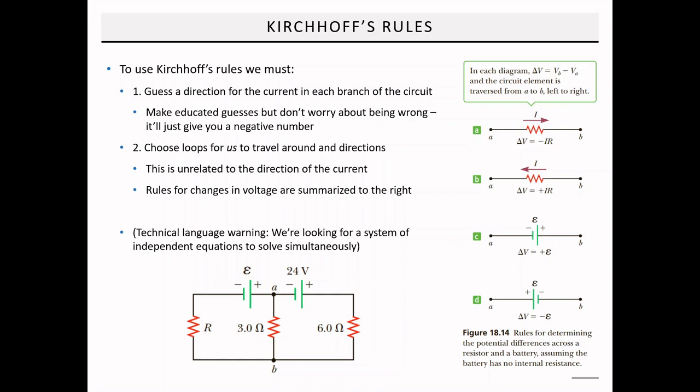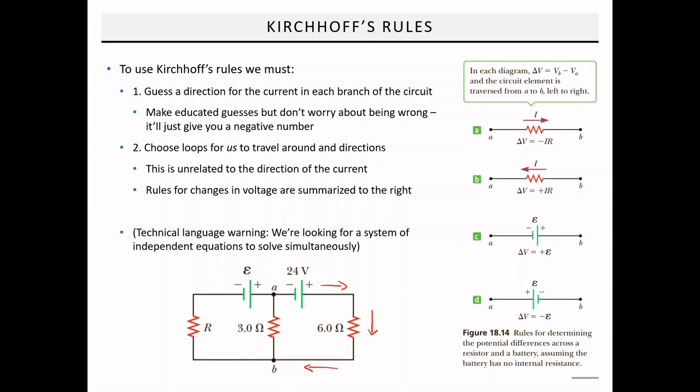So for example, in the circuit at the bottom, we might guess that the current traveling in the right branch is going to the right and down, so clockwise through this branch. Right, this makes sense because the battery with the positive terminal on the right side should be driving current clockwise along this loop.